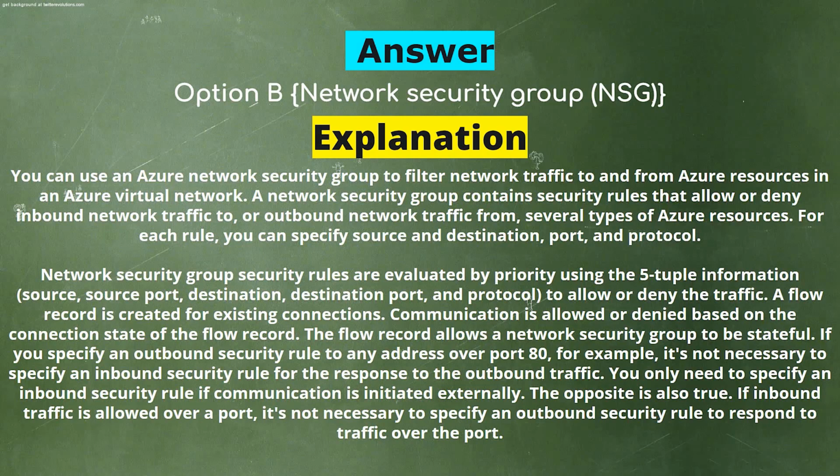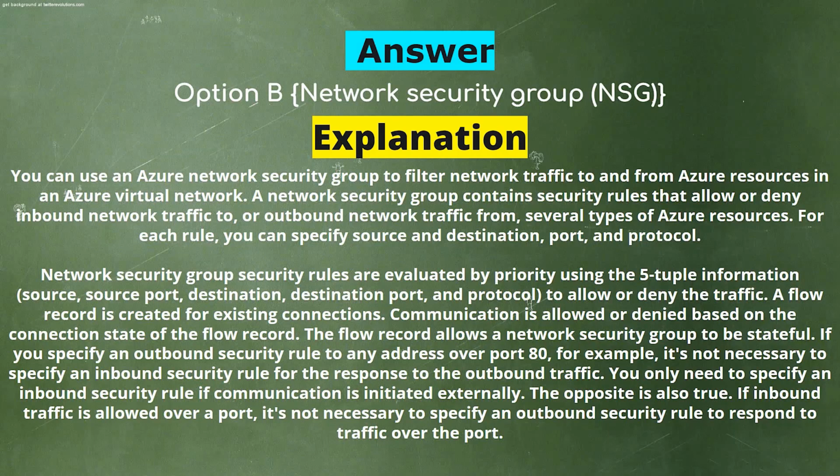For each rule, you can specify source and destination, port, and protocol. Network security group security rules are evaluated by priority using the 5-tuple information: source, source port, destination, destination port, and protocol to allow or deny the traffic.